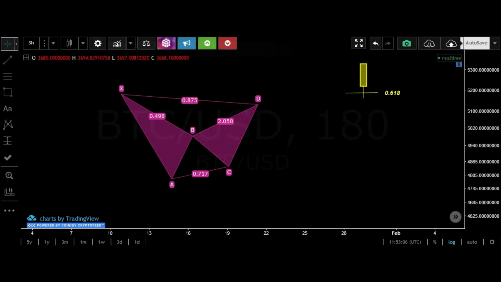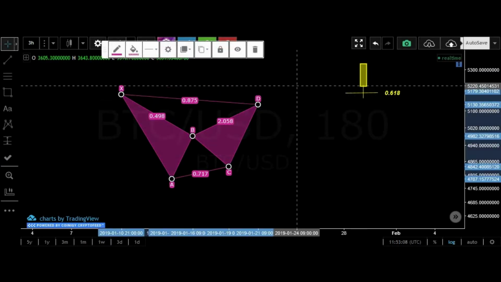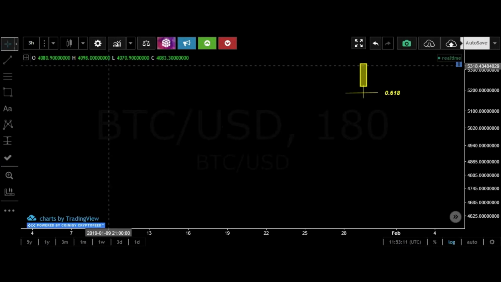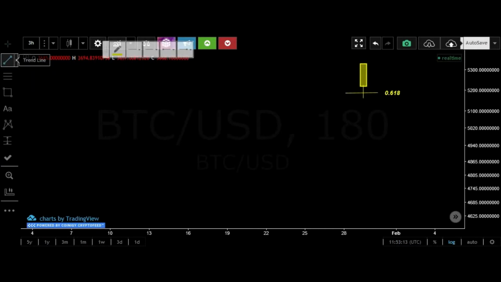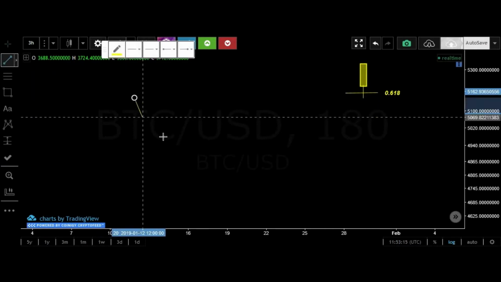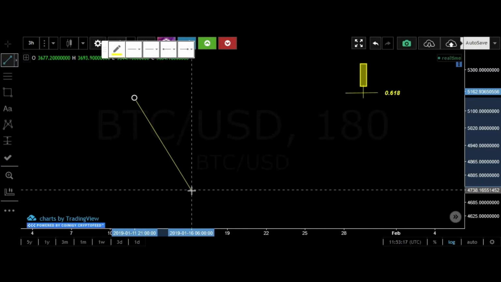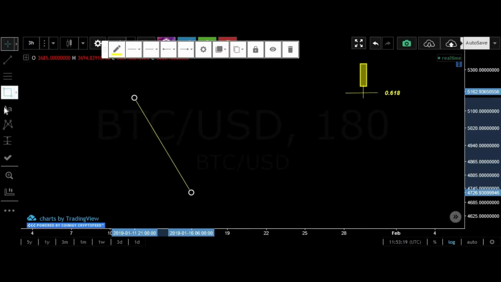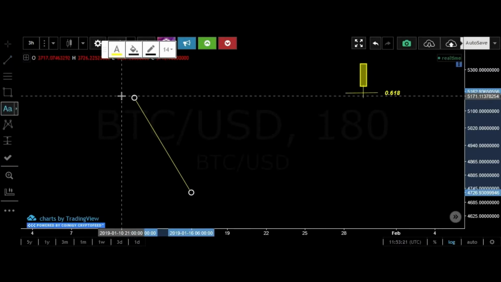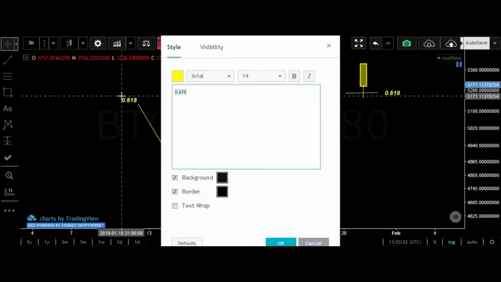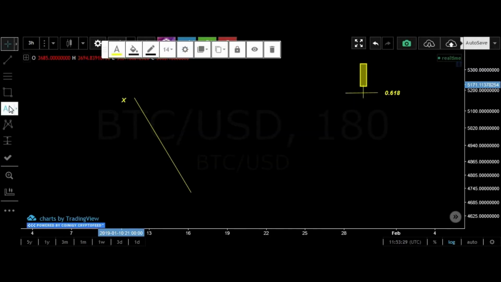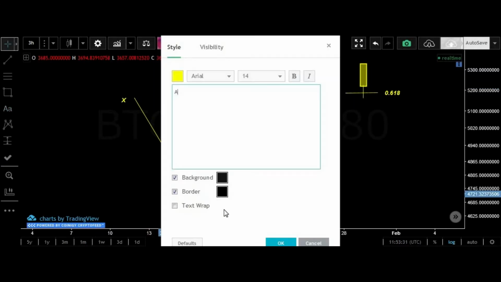So let's dive right straight into the calculation on how to get the bearish Gartley pattern. The first move we're looking at is from the X leg down to the A leg. So the beginning move here is the X leg.